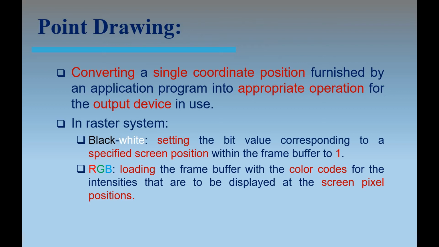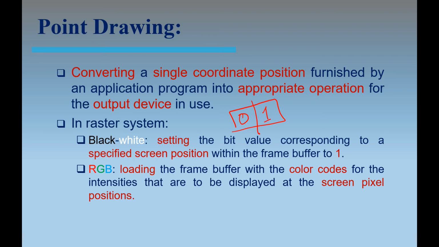Point drawing: converting a single coordinate position furnished by an application program into appropriate operations for the output device in use. In a raster system, black and white, this means setting the bit value corresponding to a specified screen position within the frame buffer to 1. So in a black and white system, 0 and 1 is simply enough to indicate whether it is black or white.